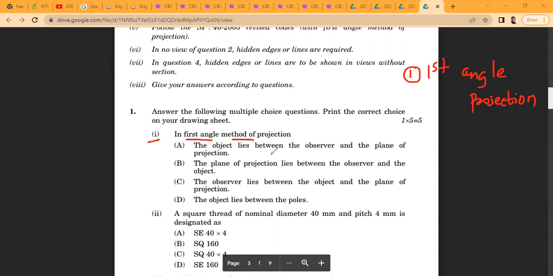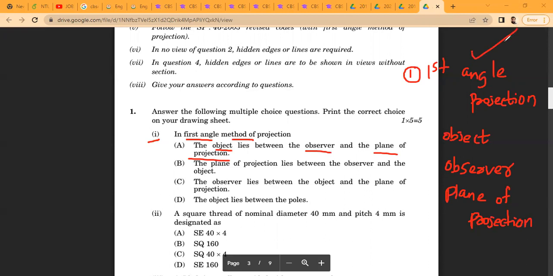Then in the options, you can see different terms like object, observer, and plane of projection. So we have to understand what is first angle projection, then object, observer, and plane of projection. Then only we can answer this question.